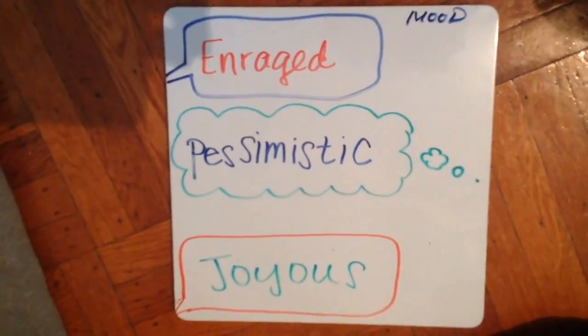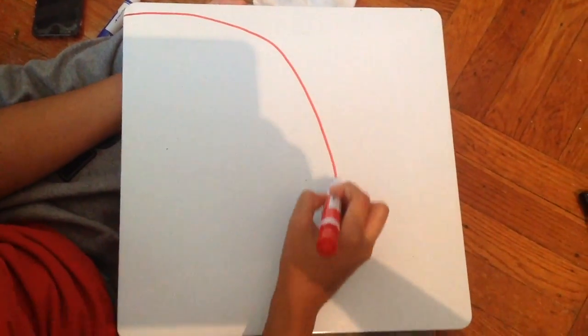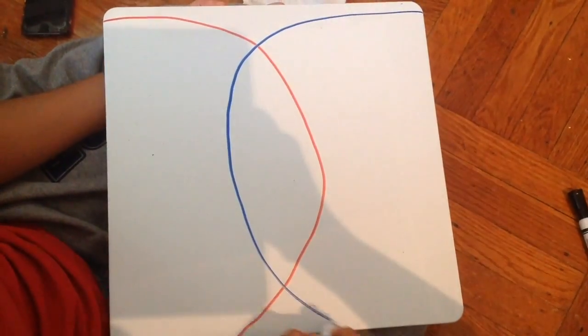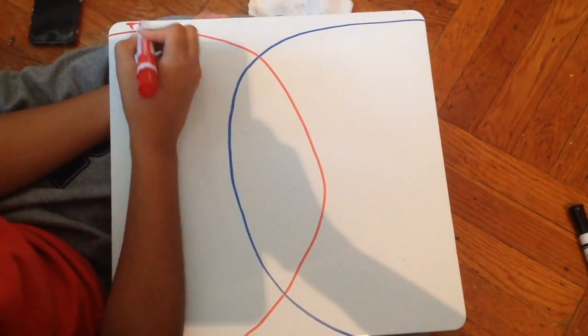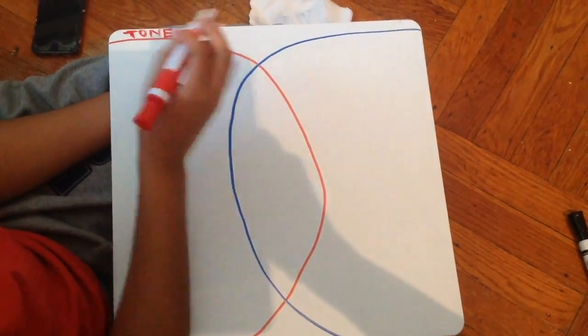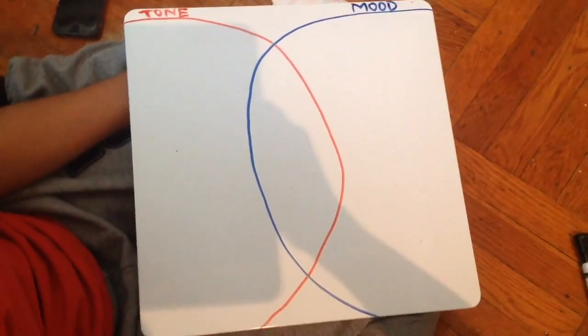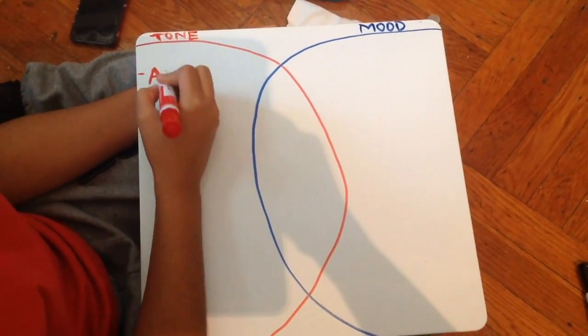If you still haven't really understood much of this video, here is a Venn diagram to show the differences and similarities in tone and mood. So, tone.